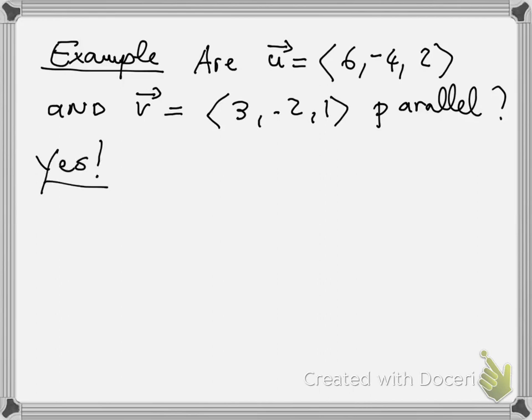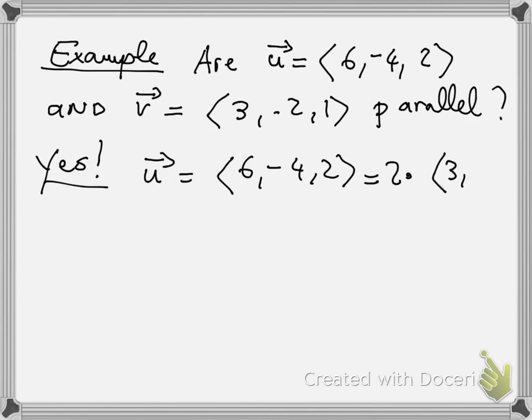It's because u, which is 6, -4, 2, can be written as 2 times 3, -2, 1. So u can be written as 2 times the vector v. That's 6, -4, 2, and 3, -2, 1 is the vector v.